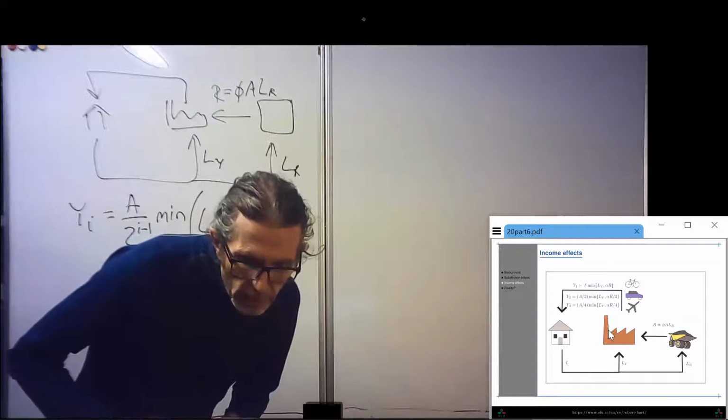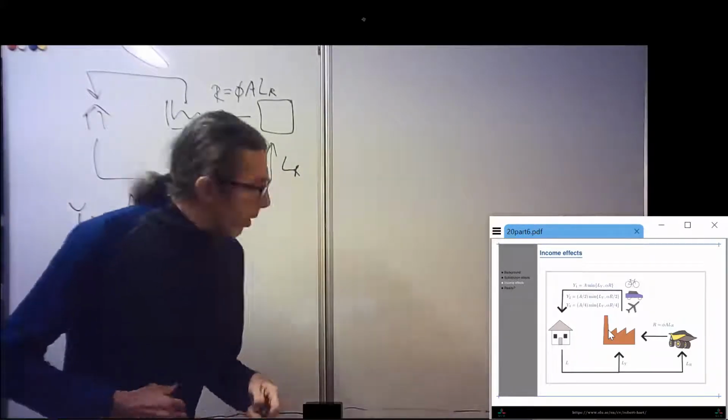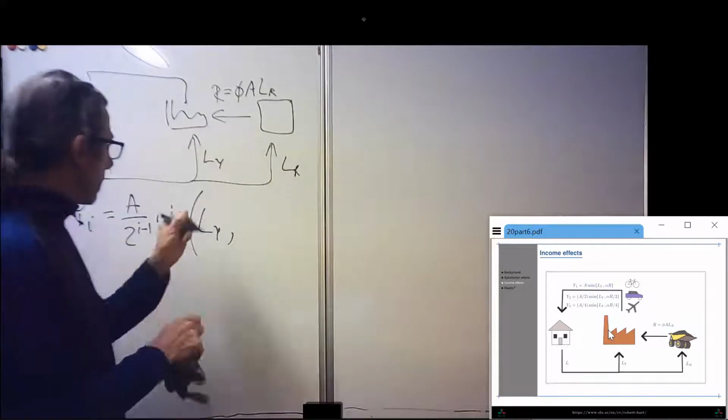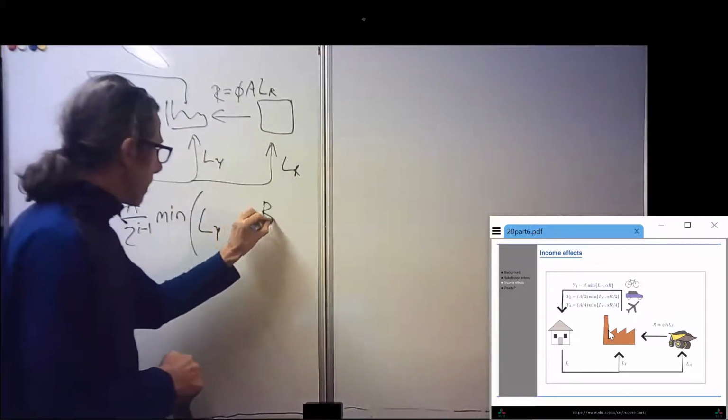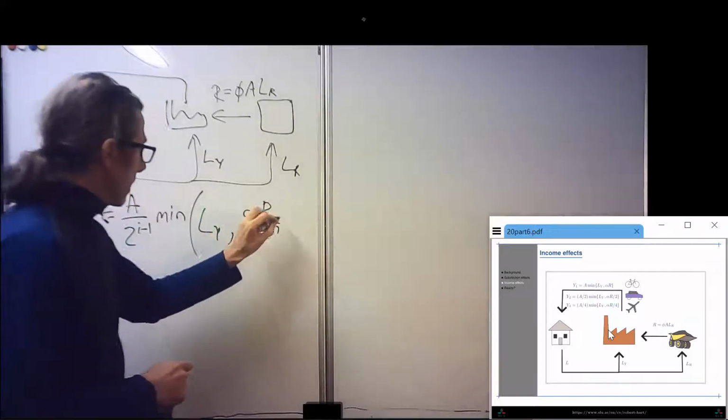A alpha, I think, times R over 1, 2, 4. It's the same thing, isn't it? Alpha R over 2 to the I minus 1.